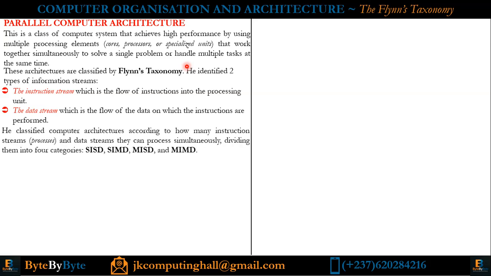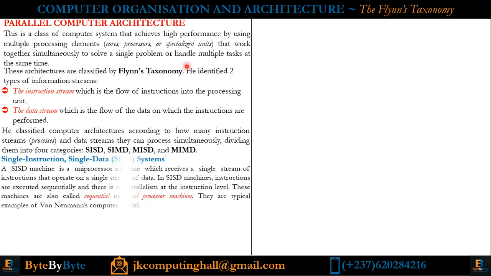He classified computer architectures according to how many instruction streams, that is the processes, and data streams they can process simultaneously, dividing them into four categories: the SISD, the SIMD, the MISD, and finally the MIMD.